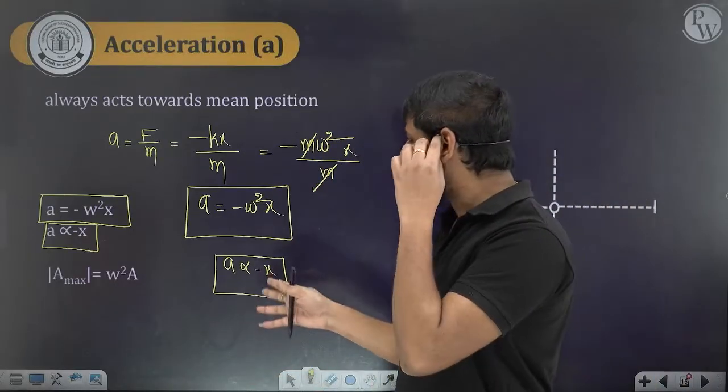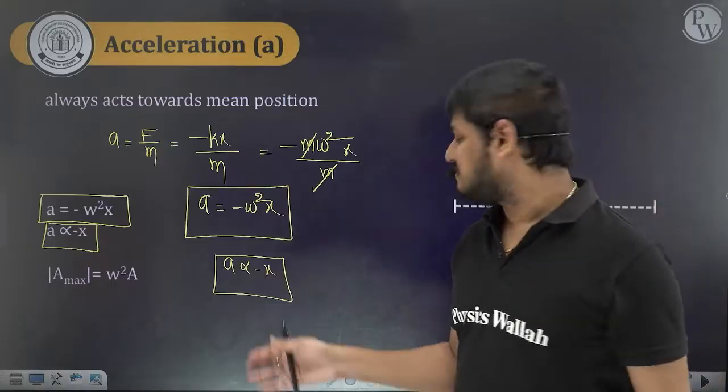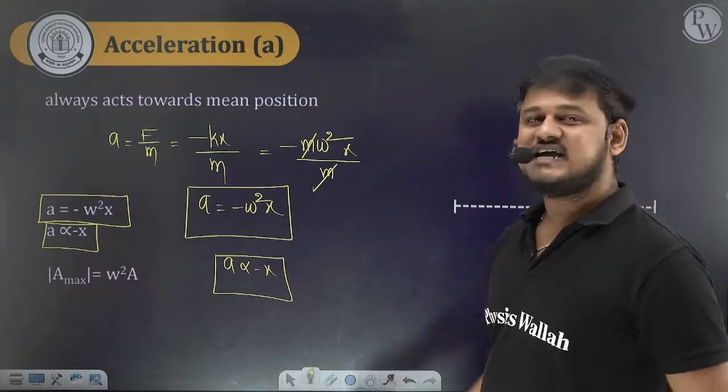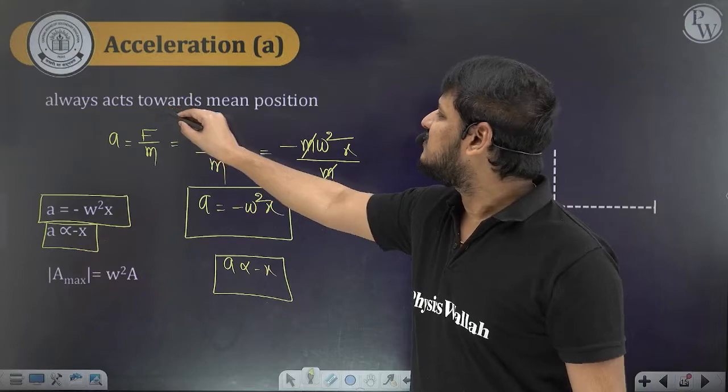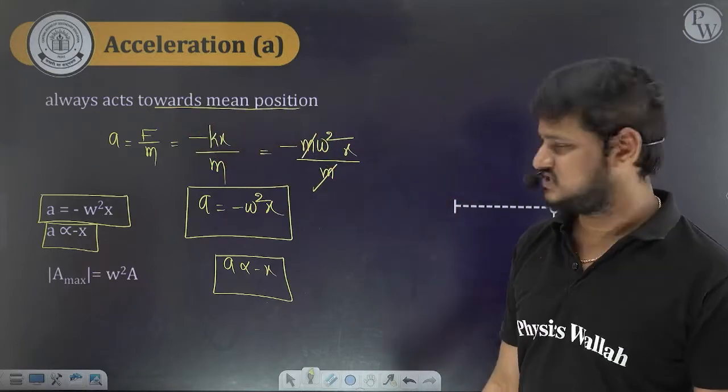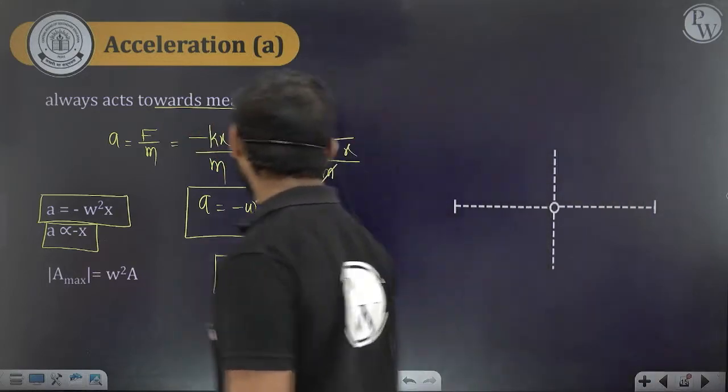So the acceleration is directly proportional to minus x, which means the acceleration always acts towards the mean position. This is a very important formula, you have to remember this, guys.